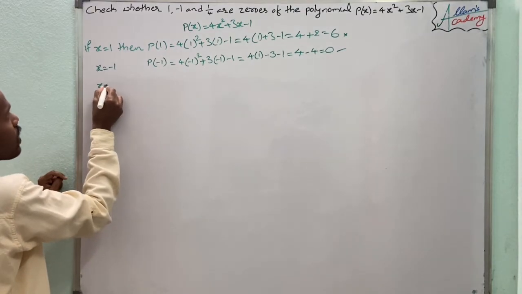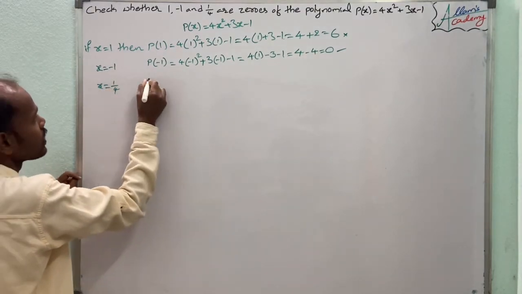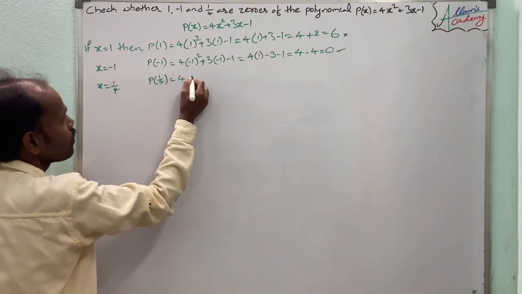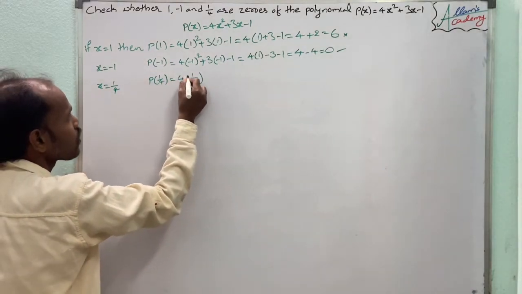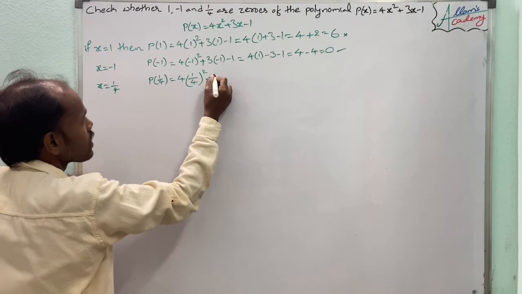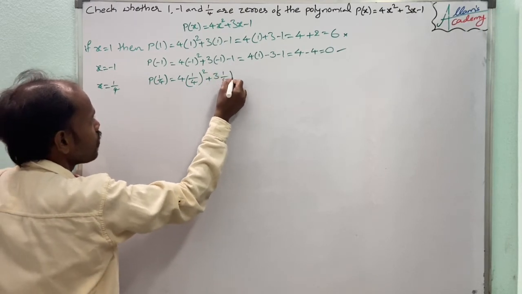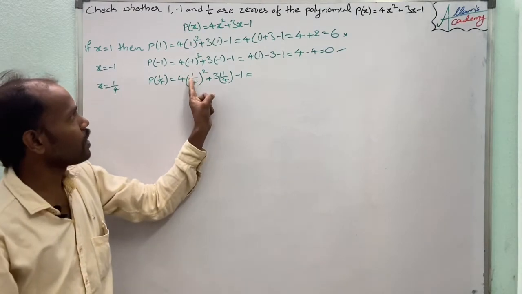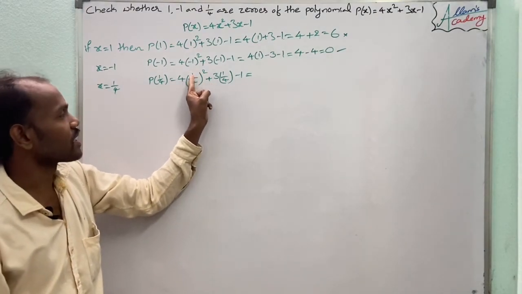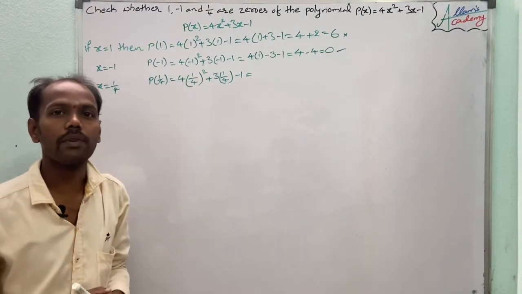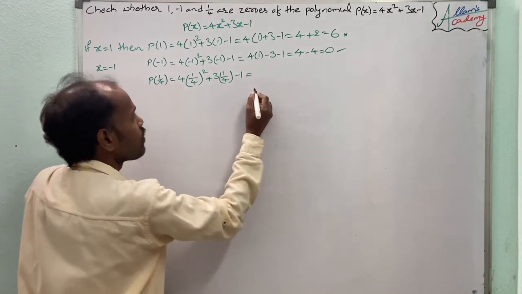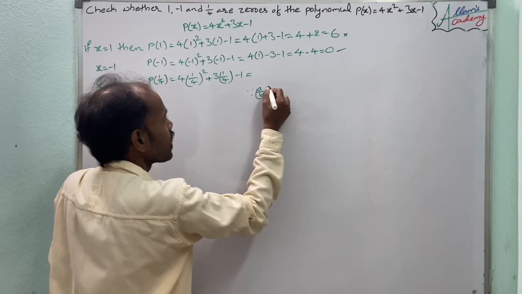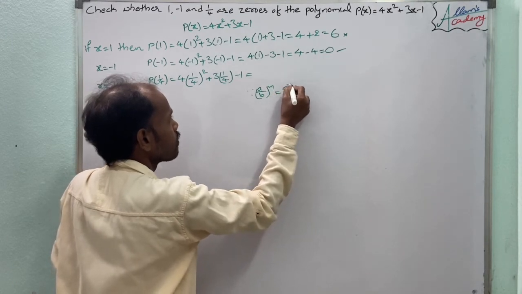Next, x equal to 1 by 4 is given. Then p of 1 by 4 equal to 4 into 1 by 4 whole square plus 3 into 1 by 4 minus 1. Now 1 by 4 whole square is in the form of a by b whole power m, which equals a power m by b power m.